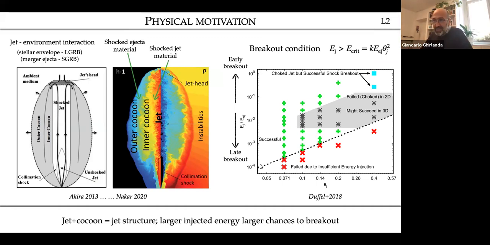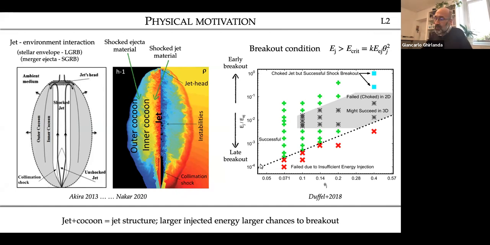So the bottom line here, the message, is that the jet plus cocoon system is related, in first approximation, to the jet energy and the opening angle of the jet at the base, and the structure is imprinted by the interaction of the jet with the material. When I say structure here, I mean the global structure, not only the structure of the jet, but the structure of the system jet plus cocoon, because there is a bit of confusion.